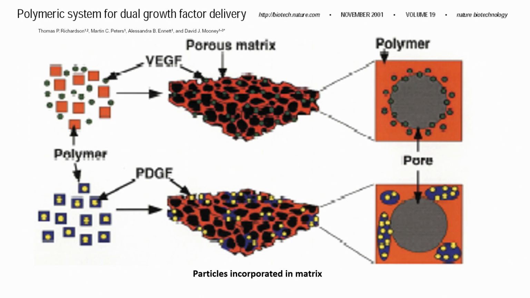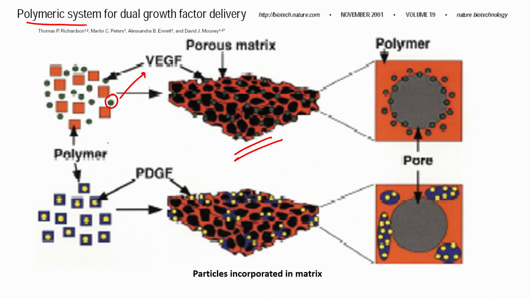here is they have used a polymeric system and they have used dual growth factor delivery. So, in this case what they have done is they have created a porous matrix which is written here, and in that porous matrix they have either encapsulated their VEGF, which is the growth factor they are using, directly into the matrix, okay.